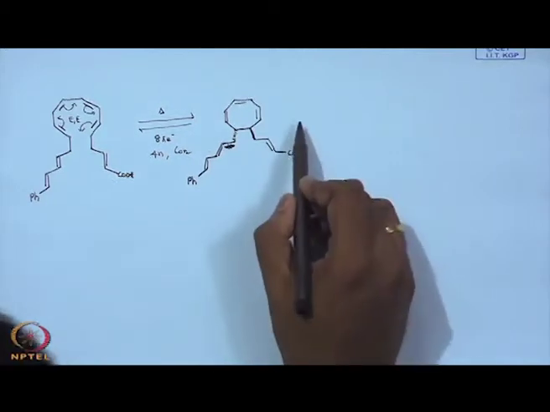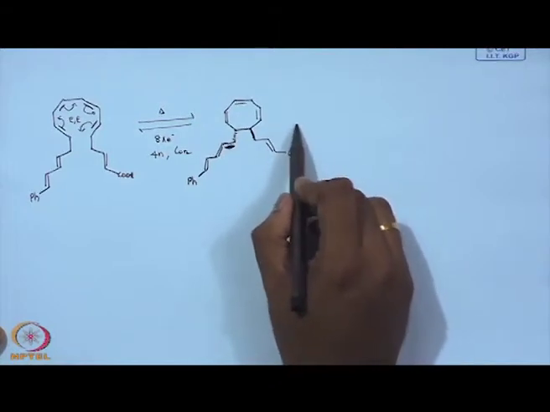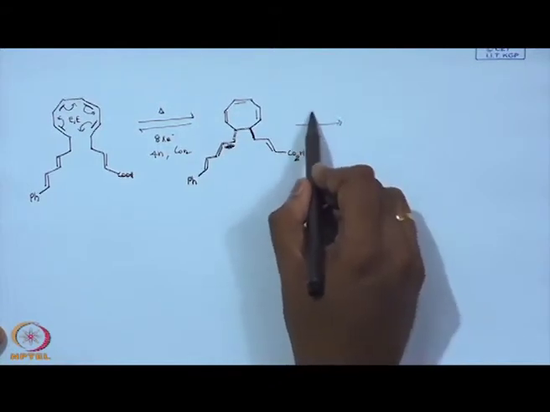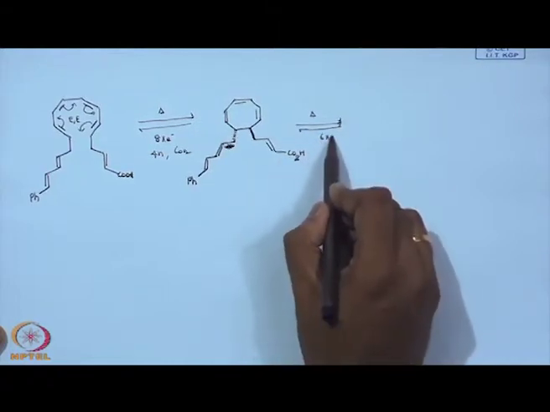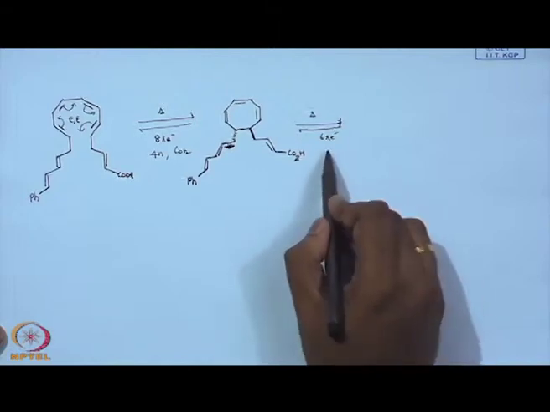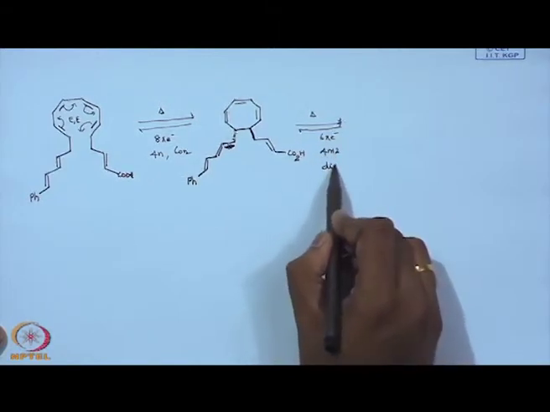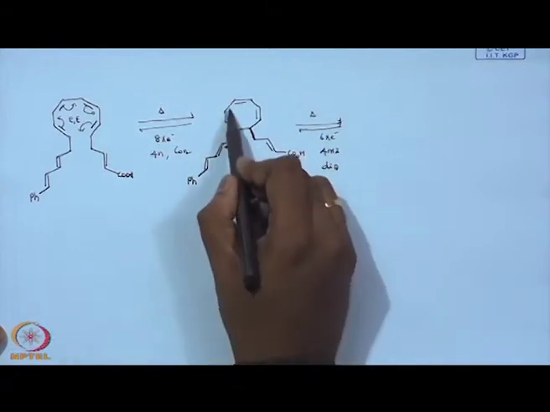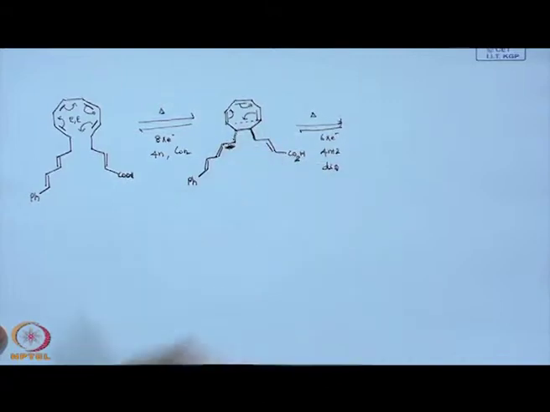Now, again I am saying what we can do. You guys know that, yeah. Again, if I heat it, it is a 6 pi electron system. So I can do 4n plus 2 and disrotatory. So nothing but I get a system like this.